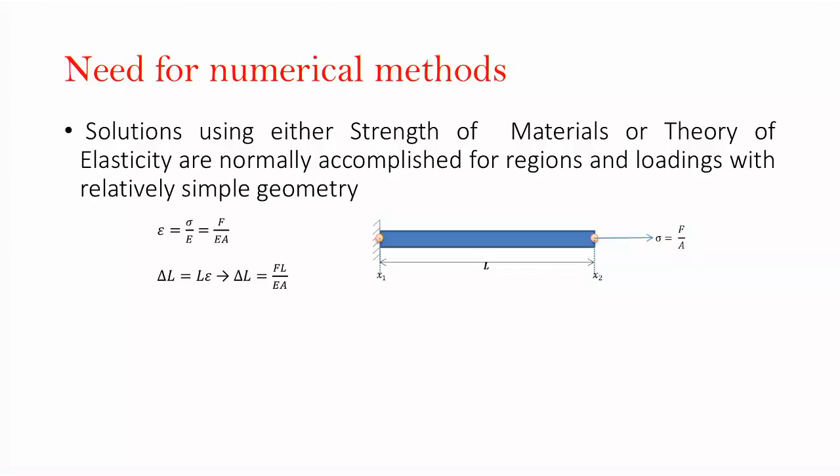F is the force, L is the initial length, E is the Young's modulus, and A is the cross section. What we assume here is that we have a uniform material and the cross-section doesn't change. If any of these conditions are not true in the analysis that we want to do, then we need to be careful when we want to use this formula.